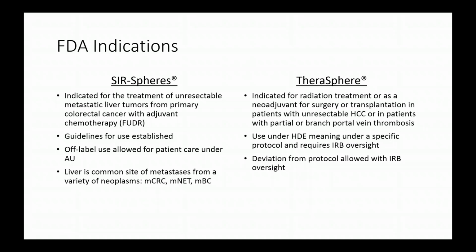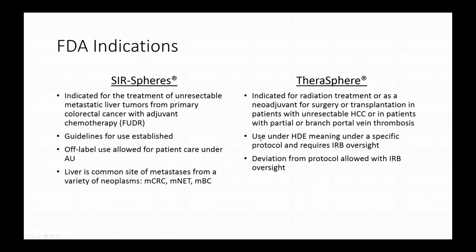And for us, we always tell the patients, and it's in the consent, it's off-label use of the device. We can use it for any variety of neoplasms. Obviously, colorectal is the indication, HCC, neuroendocrine tumors, breast cancer. I mean, it's been used for many, cholangiocarcinoma.